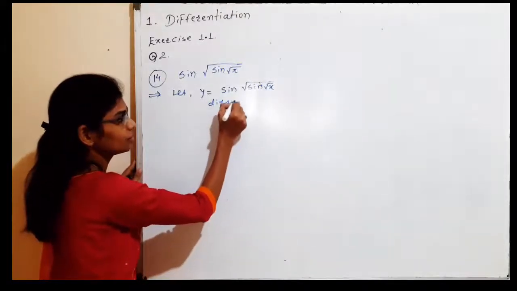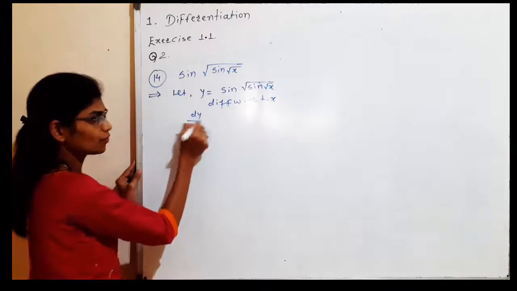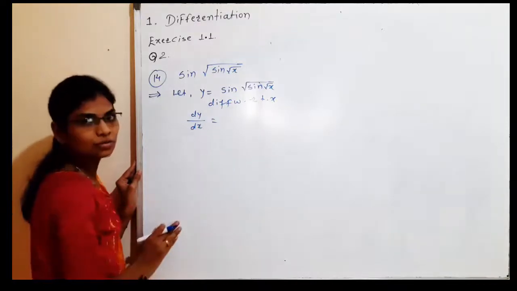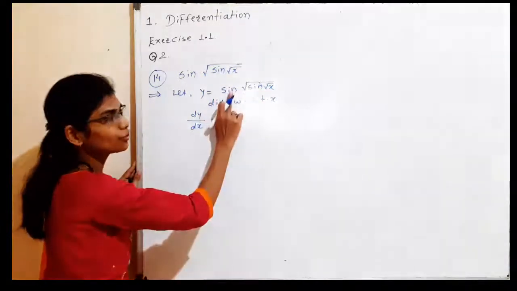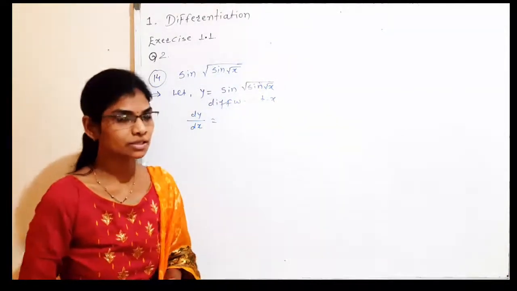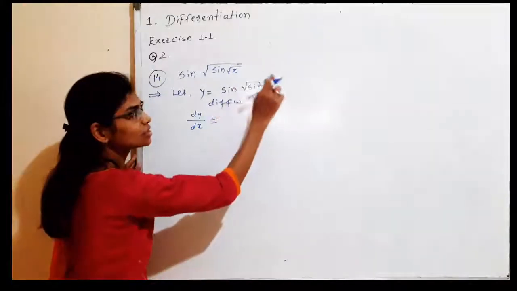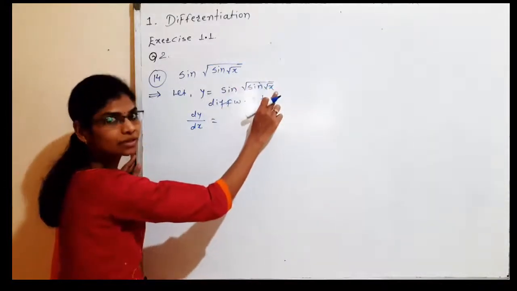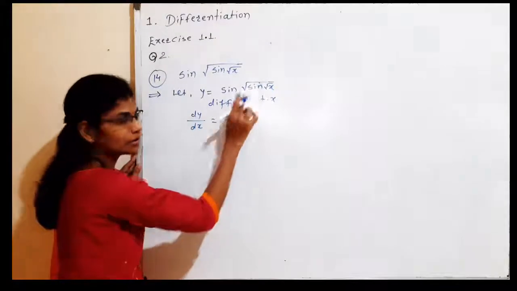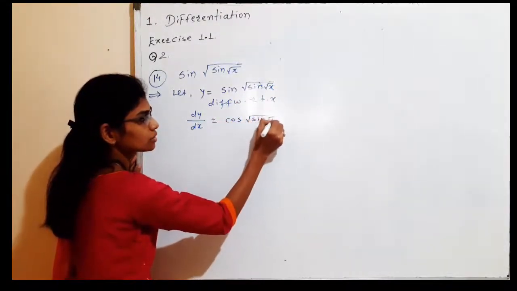Differentiate it with respect to x. Therefore, derivative of y with respect to x is equal to, first of all, take the derivative of this sine, and we know that the derivative of sine x is cos x. Here, the value of x we consider as square root of sine of root x. So its derivative is cos of square root of sine of root x.